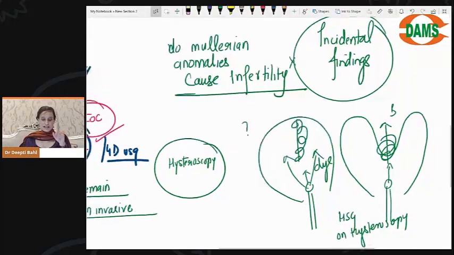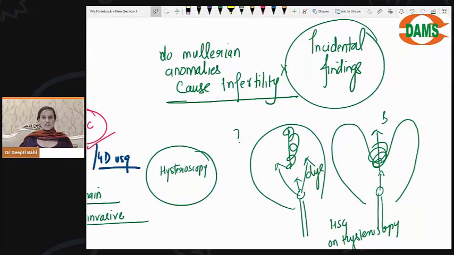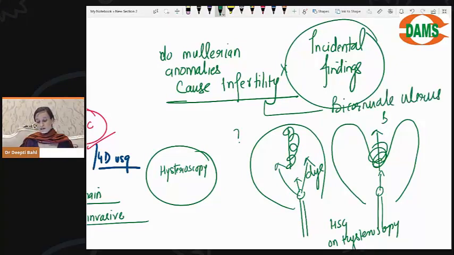Your patient was being evaluated for infertility, and on evaluation she has a bicornuate uterus. Which of the following would you advise her? A, Jones procedure; B, Strassman procedure; C, Tompkins procedure; D, no procedure to be done. Tell me.